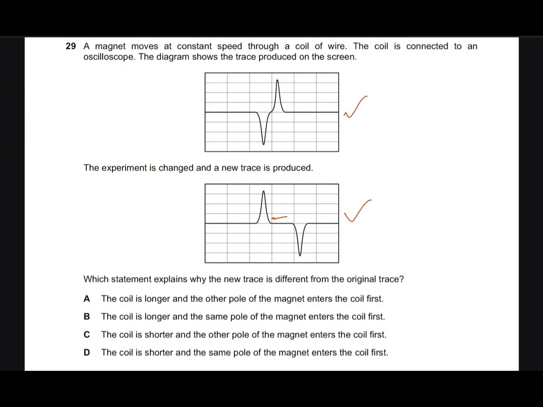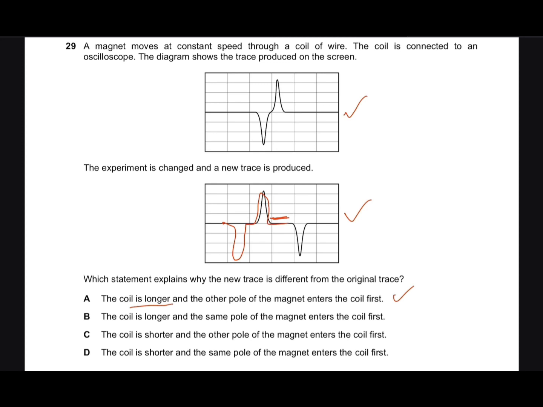Let's see. The coil is longer, and the other pole of the magnet enters the coil first. This could be an answer, as we have got a delay, so the coil might be longer. Or the coil is longer and the same pole of the magnet enters the coil first. If it was the same pole, then we would have this at first, we would have it like this, and then this one.